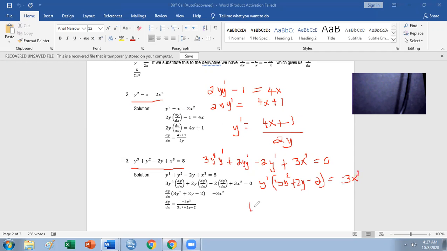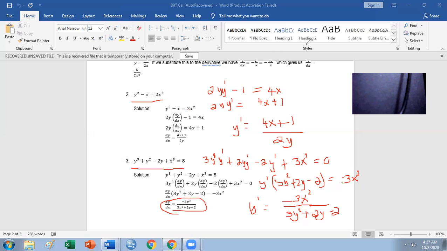So you get y prime now is equal to negative 3x squared over 3y squared plus 2y minus 2. That is the derivative. It's there in the notes.